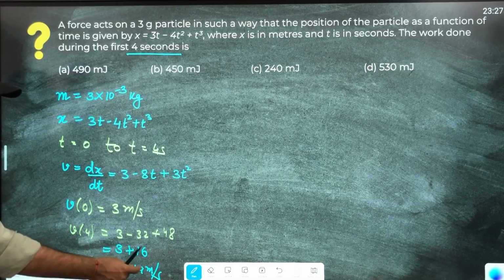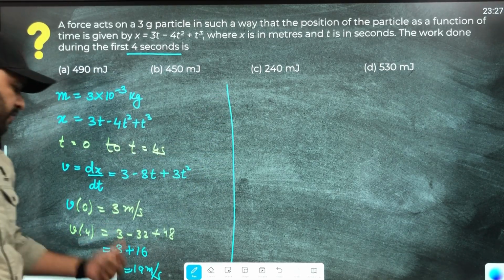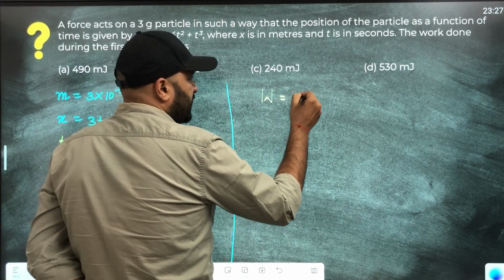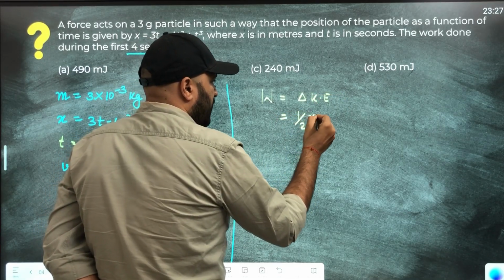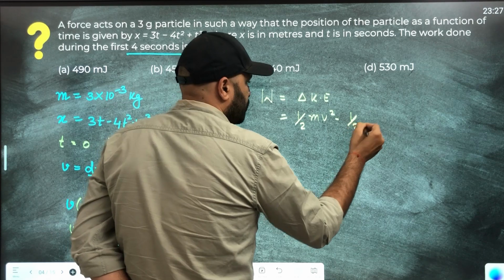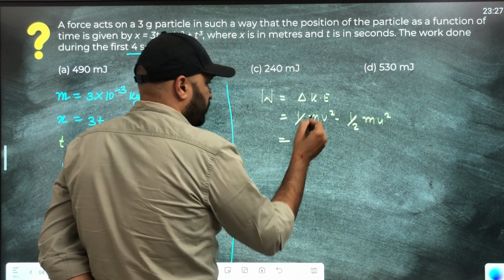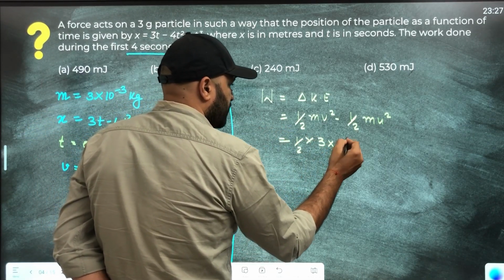This is the velocity at 4 second, and the velocity at 0 second. Initial velocity, final velocity. Now what is our work done? Work done is change in kinetic energy. The work energy theorem says half mv square minus half mu square. Let's substitute these values. So half m taking common. What's the m? m is 3 into 10 to the power minus 3.